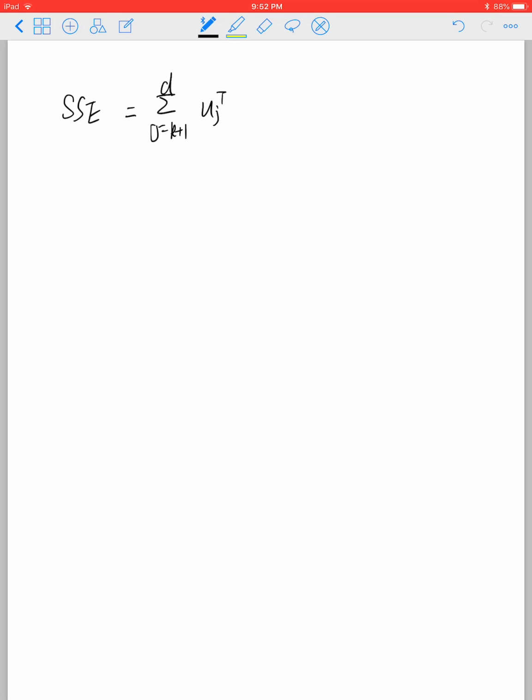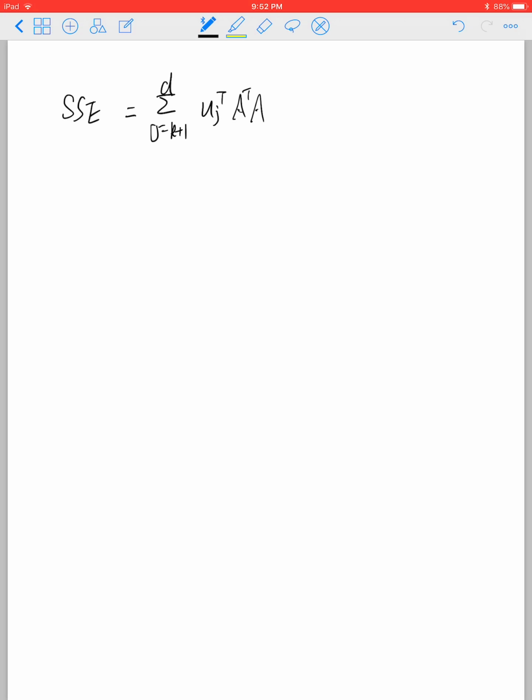Then we can show that the norm of the difference between x and the projected vector x onto F, and take square, is simply the norm of what? Is simply the norm of a projected vector on the subspace determined by this d minus k orthogonal basis.